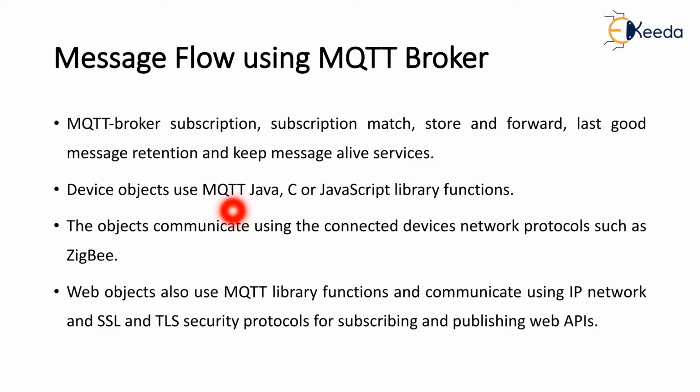These objects communicate with connected devices through a network protocol such as ZigBee. Web objects also use MQTT library functions and communicate using the IP network and TLS, that is, Transport Layer Security, for subscribing and publishing APIs.